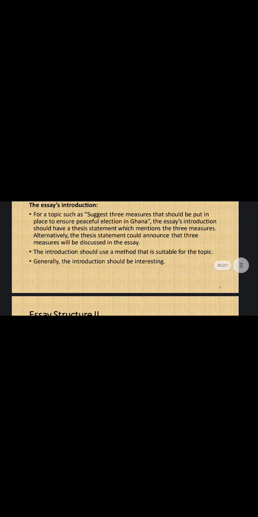The introduction should use a method that is suitable for the topic. If they are talking about HIV/AIDS and you go and talk about the Ghana Cathedral in your introduction, it has no connection; they are not relatable.